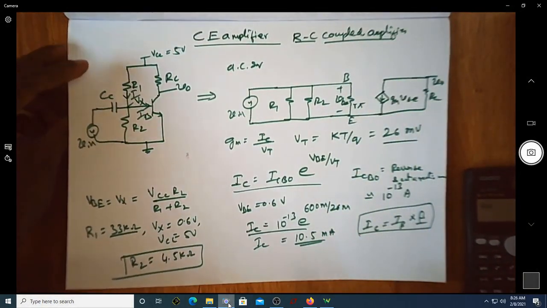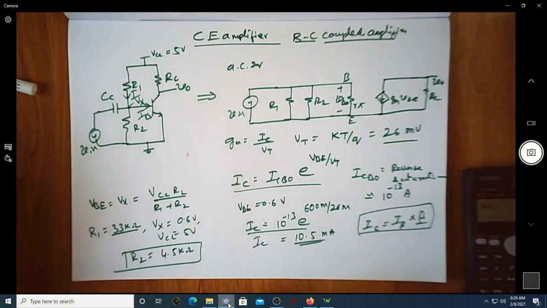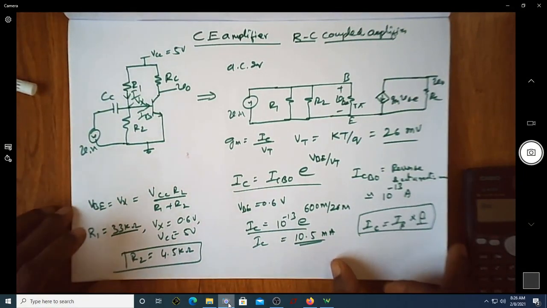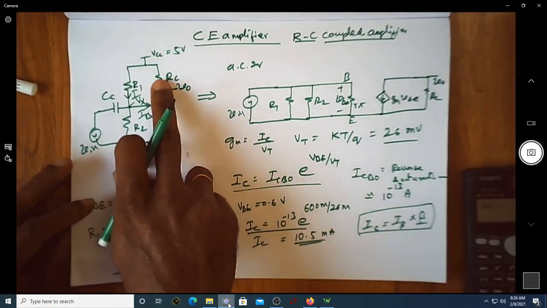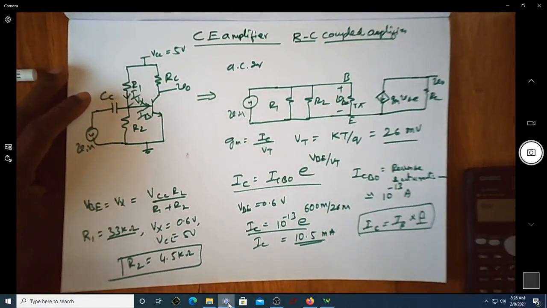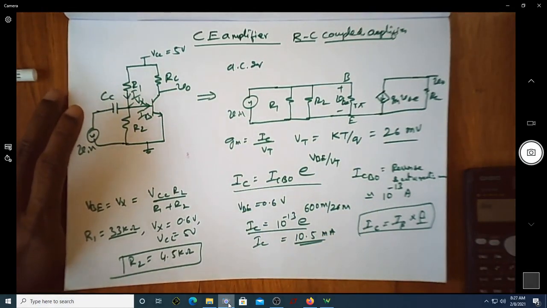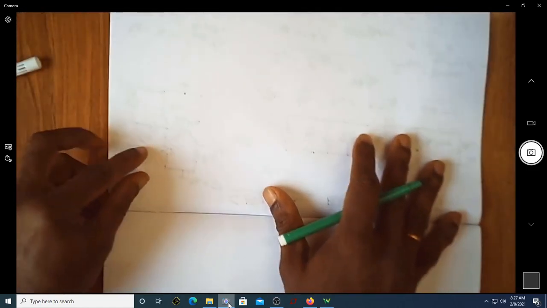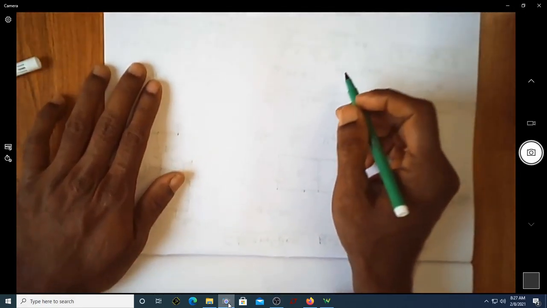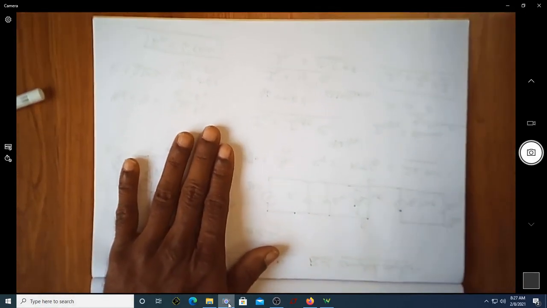So with these typical values of R1 and R2, let us also try to find out the value of RC, so that I can use this circuit as an amplifier. If we want to use the BJT as an amplifier, we are supposed to operate the BJT in the active region.